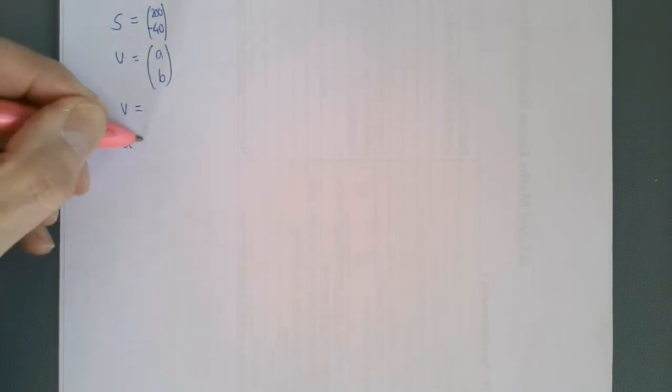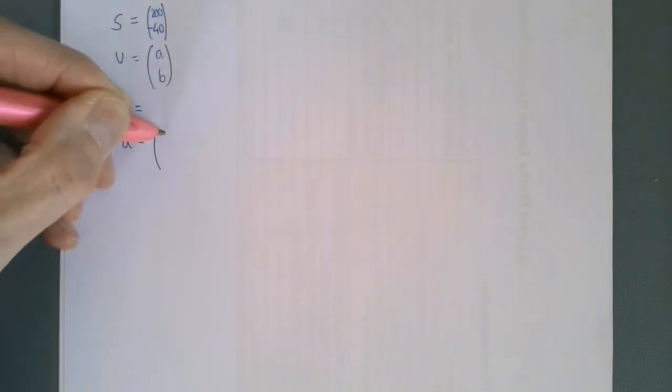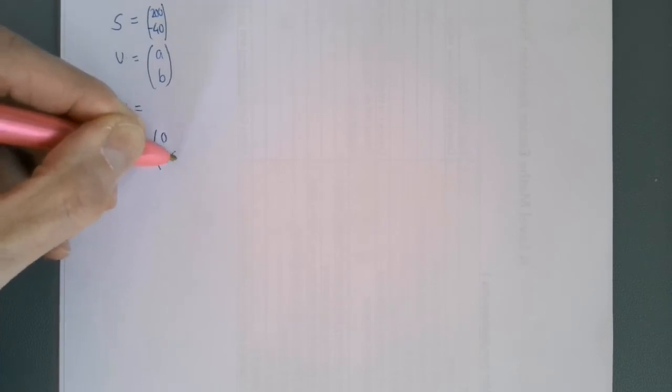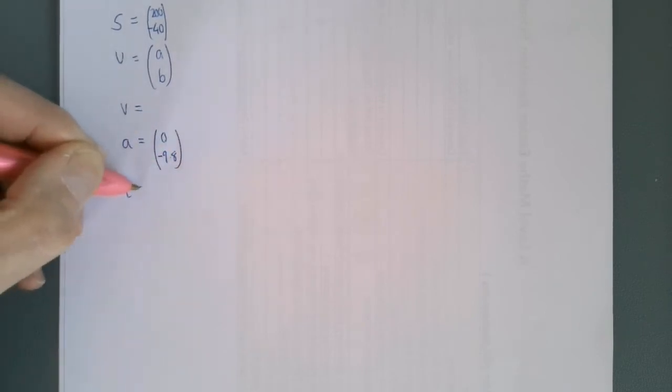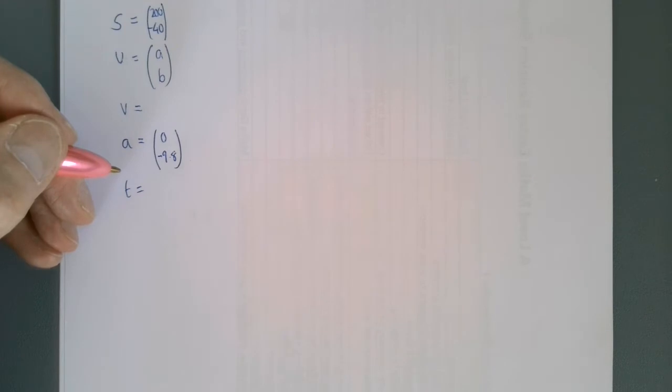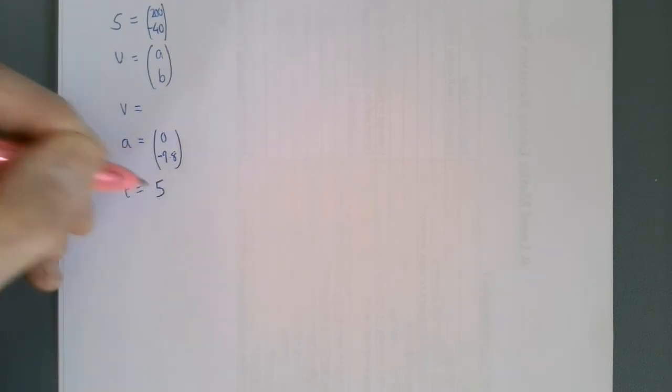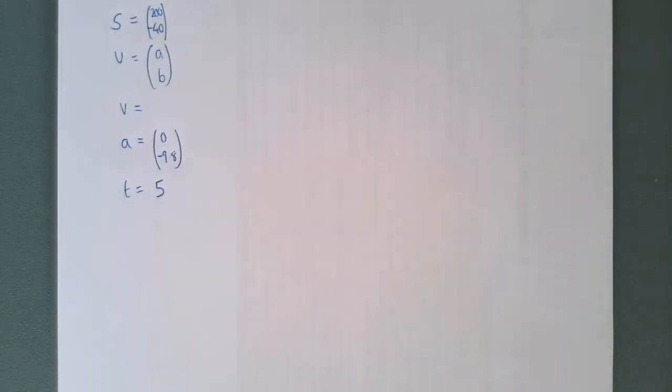So I can do this one in vector form, and the time is 5 seconds for it to do that. Now I could do this separately, horizontally and vertically. I absolutely could. There's nothing to stop me doing that.